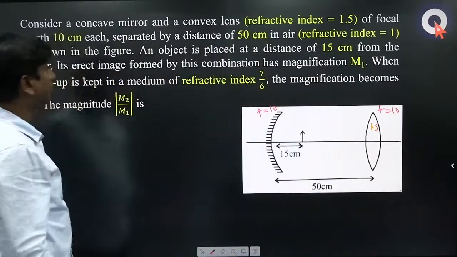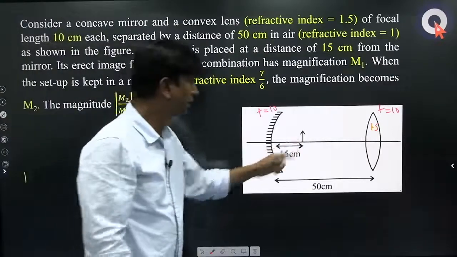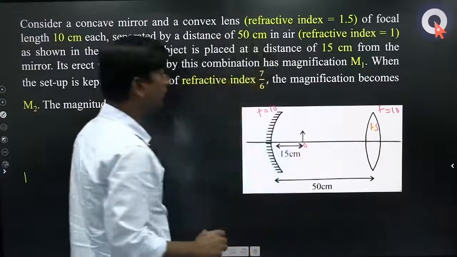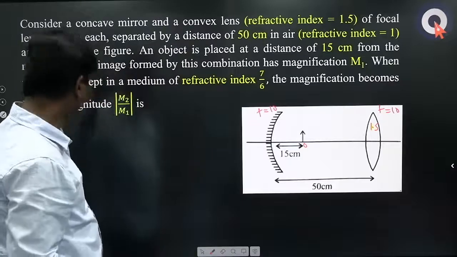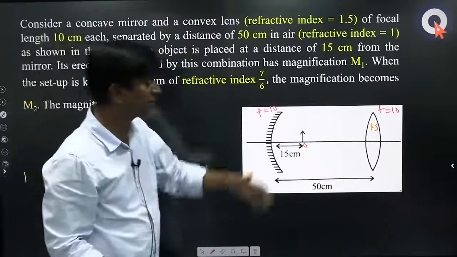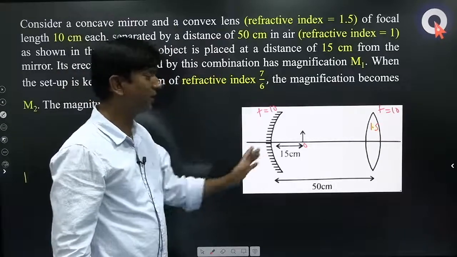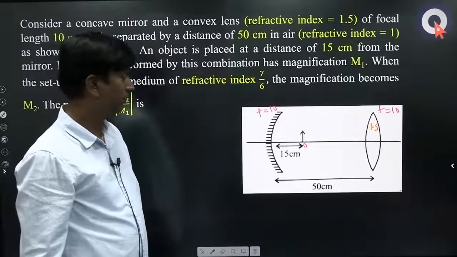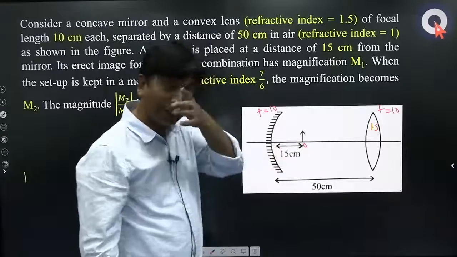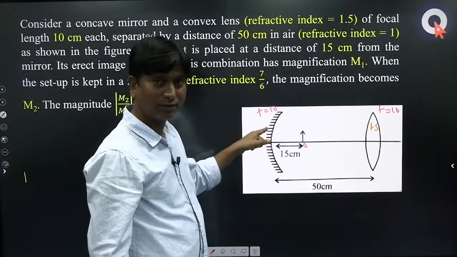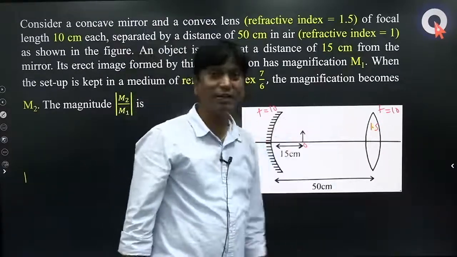Right. Now, object is placed at a distance of 15 centimeters. Here is the object what you are placing at a distance of 15 centimeters from the mirror. Its erect image formed by this combination has a magnification of m1. Okay. First combination means first let us say the ray will go like this. Combination means first mirror and then lens you take.